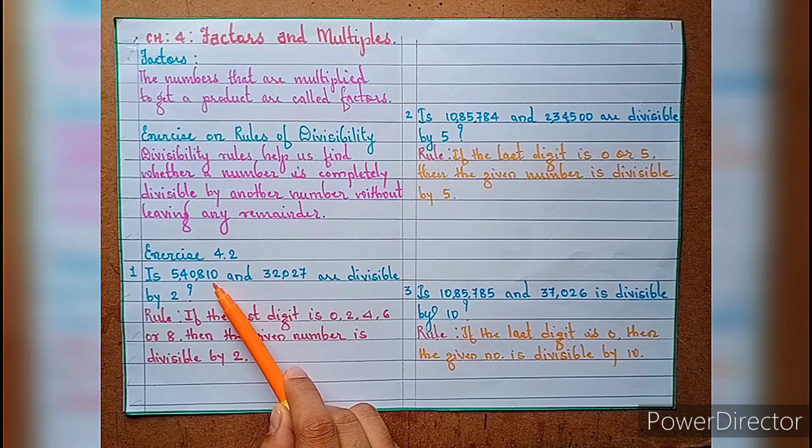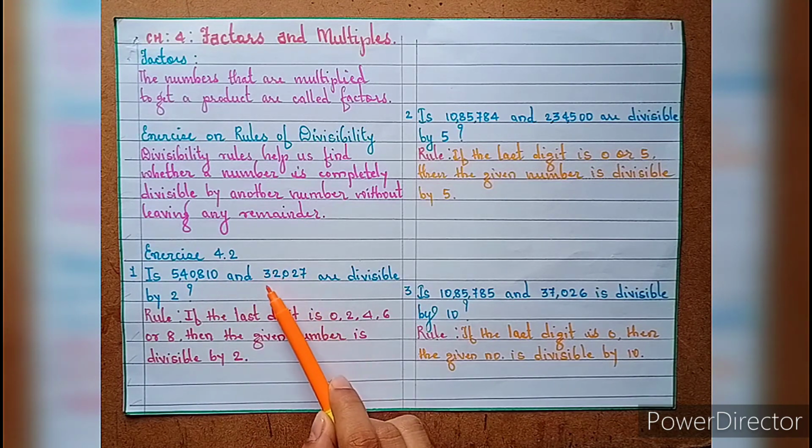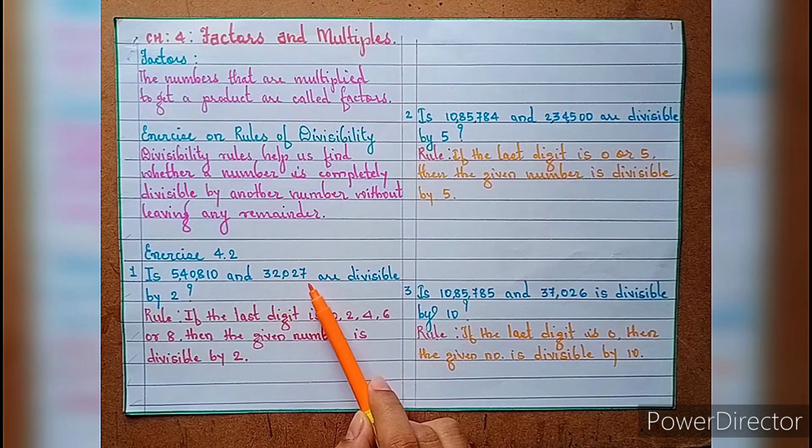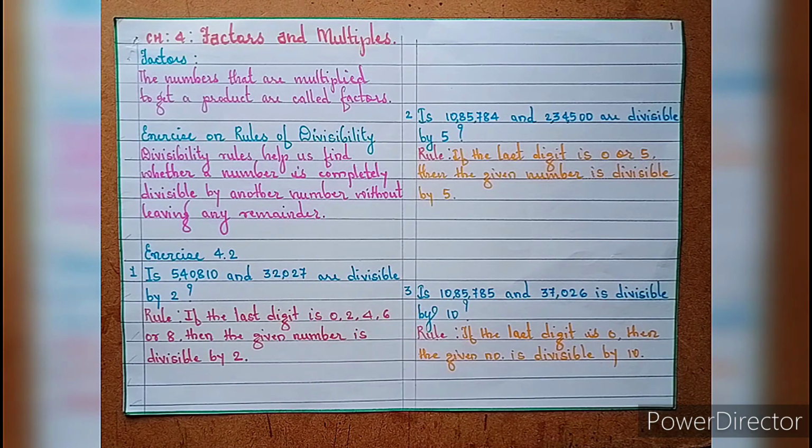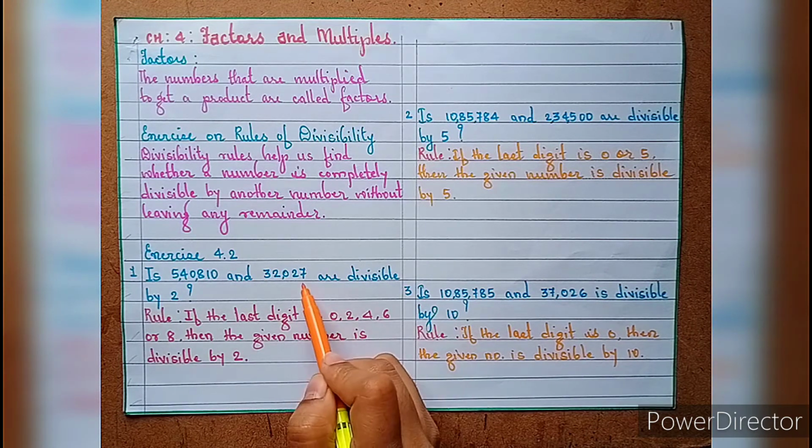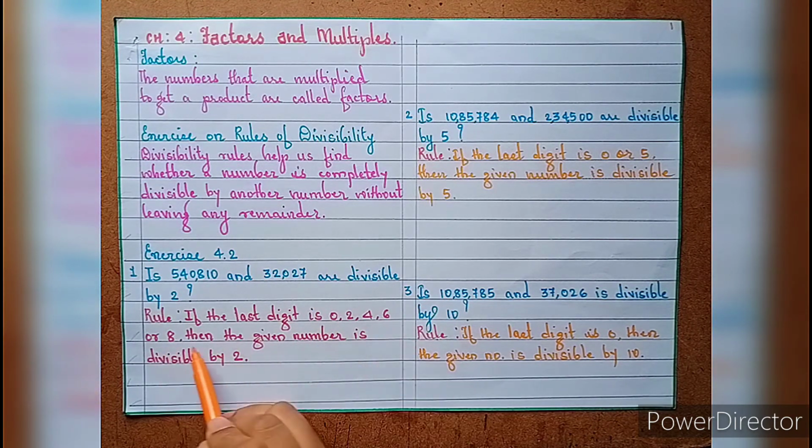If it is there in ones place, then that number will be divisible by 2. But if we see the second number, 32,027, the ones place is 7 and it is not divisible by 2 because the number is not ending in either of these digits, isn't it?